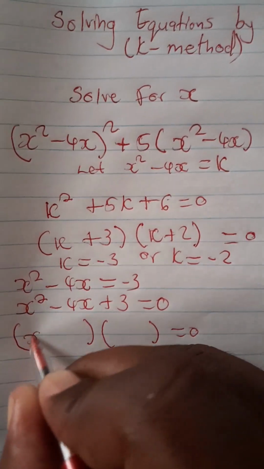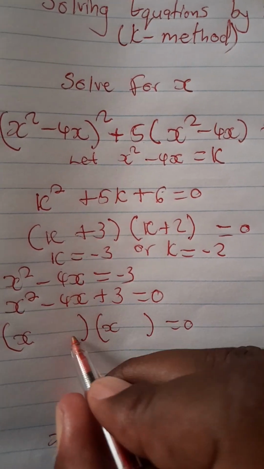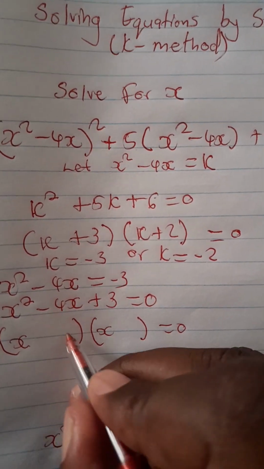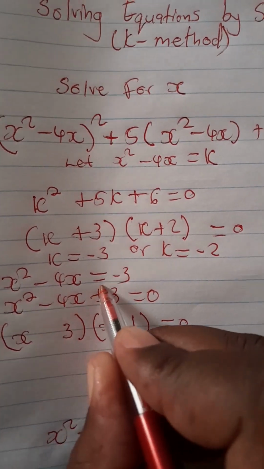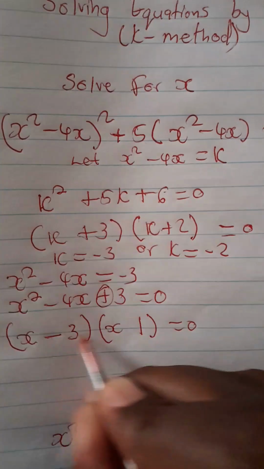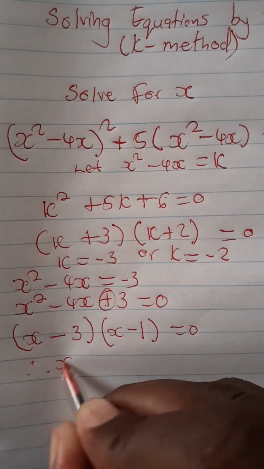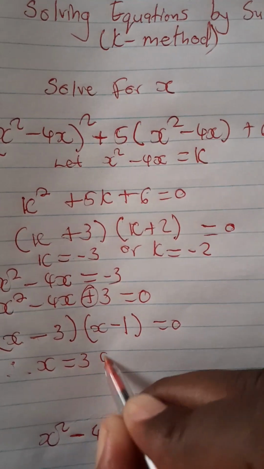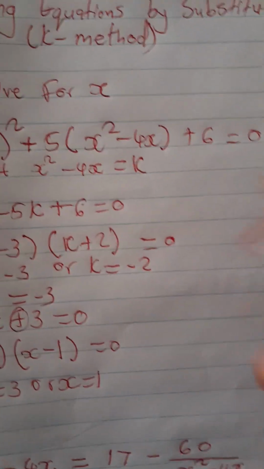The factors of x squared are x and x, and the factors of 3 that will give us minus 4 are 3 and 1. Since the last term is positive, they will take the sign of the middle term, so it will be minus and minus. We therefore get x is equal to 3, or x is equal to 1 when we equate them to 0. Then we're not done.